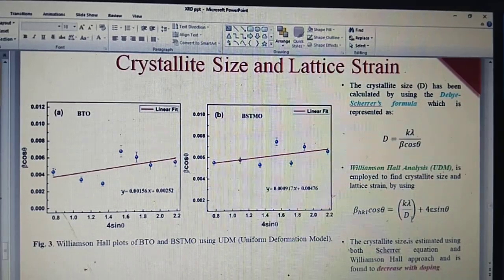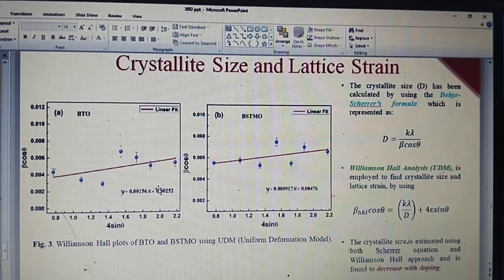So crystallite size is found with the Scherrer equation, and also with the help of this very equation, what is known as the Williamson-Hall method. This model is actually known as the uniform deformation model. The crystallite size is estimated using both the Scherrer equation and the Williamson-Hall approach, and you will find the values are a little bit different.